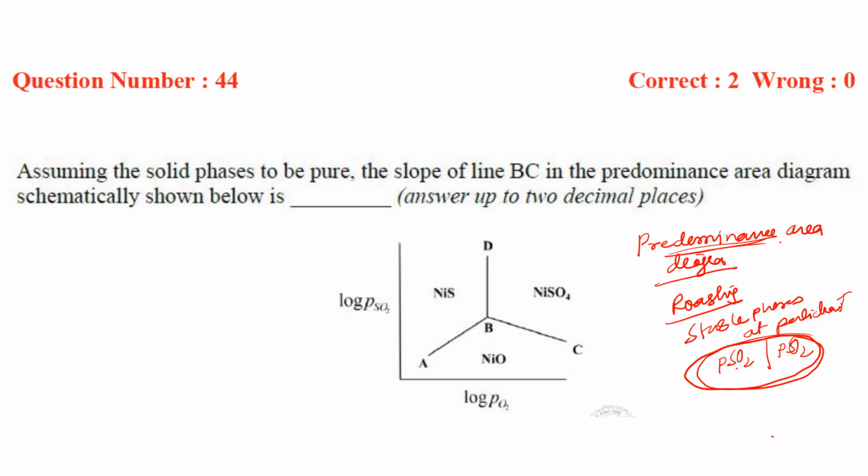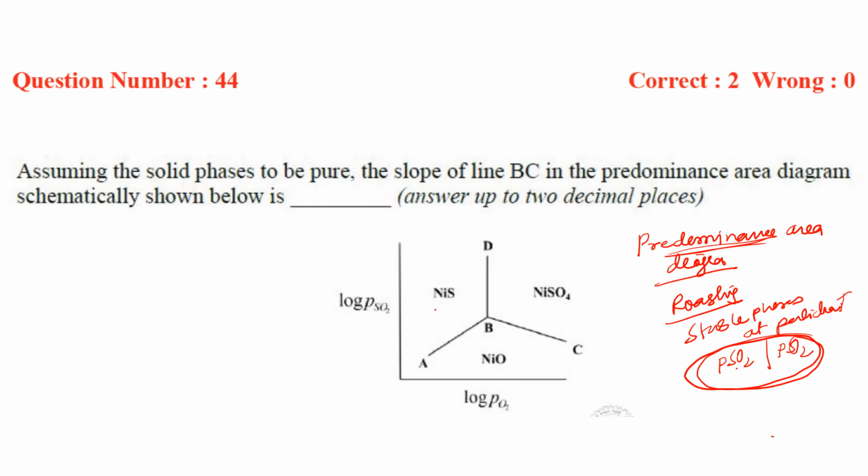If you see the area under ABC, NiO is the most stable phase at this partial pressure of SO2 and O2. Similarly at this point, at this O2 pressure and SO2 pressure, NiSO4 is the most stable, and here NiS is the most stable. So this tells about the stability of the phases.